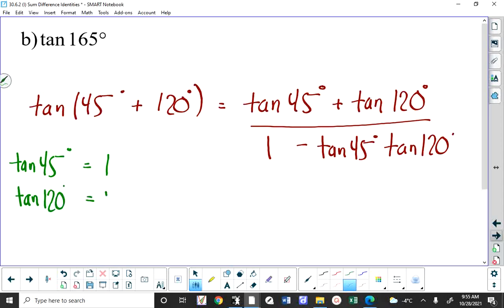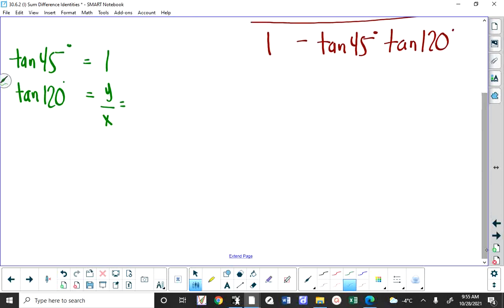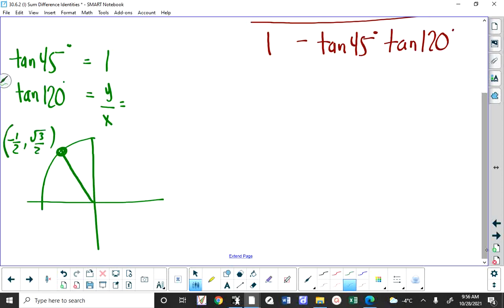What about tangent of 120? Well, what we need to do is look at 120 degrees, divide the y coordinate by the x coordinate there. 120 degrees is here. The coordinates are negative 1/2, comma, root 3 over 2. So this is the 120-degree angle.